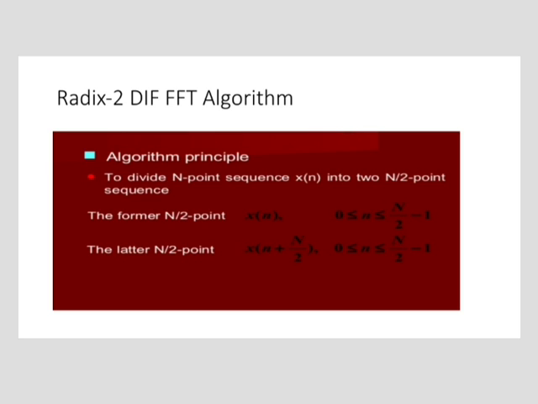This is called decimation in frequency because the frequency samples are computed separately in alternating groups. It is radix 2 because there are two groups. So this conversion of the full DFT into a series of short DFTs with simple processing steps gives the decimation in frequency.